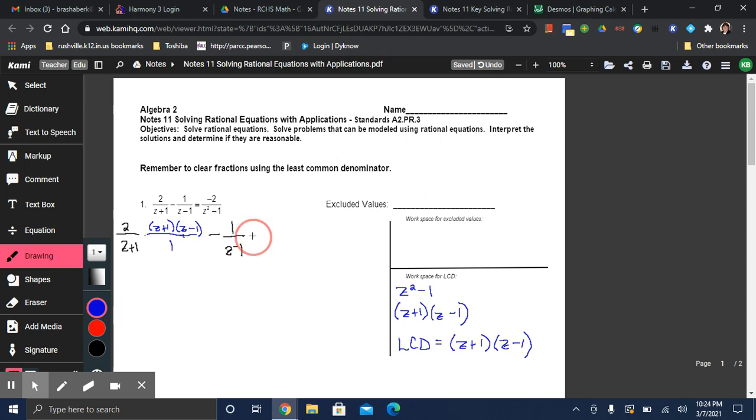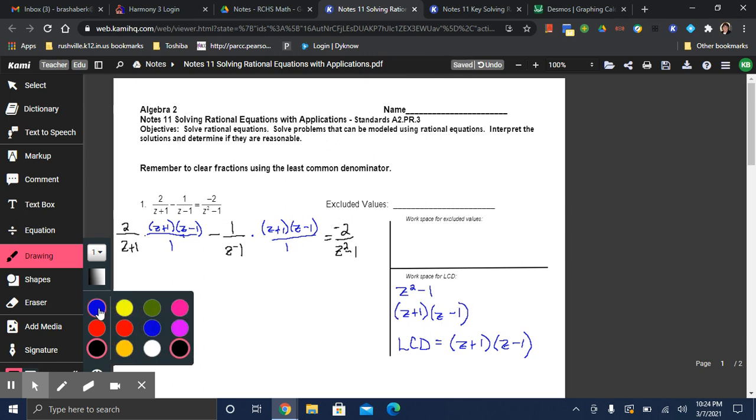And again, we'll multiply by the common denominator of z plus 1 times z minus 1 over 1. And then equals our last fraction, negative 2 over, and I'm going to go ahead and leave it as z squared minus 1. But we know that that is the same as z plus 1, z minus 1. So I'll multiply by that common denominator.